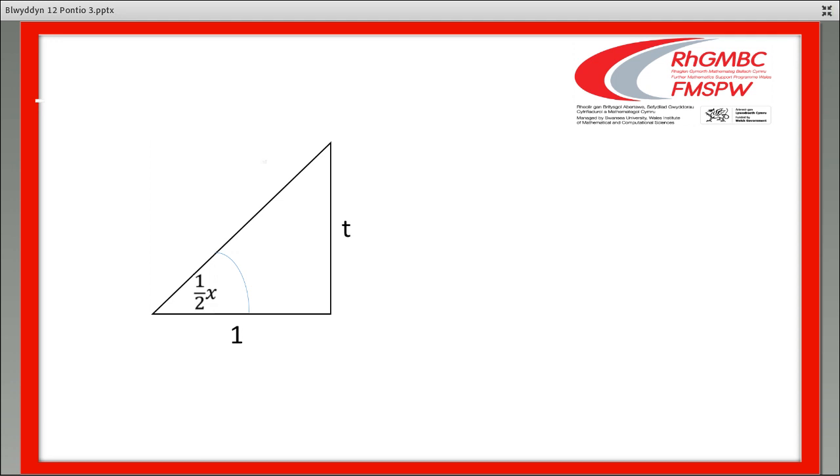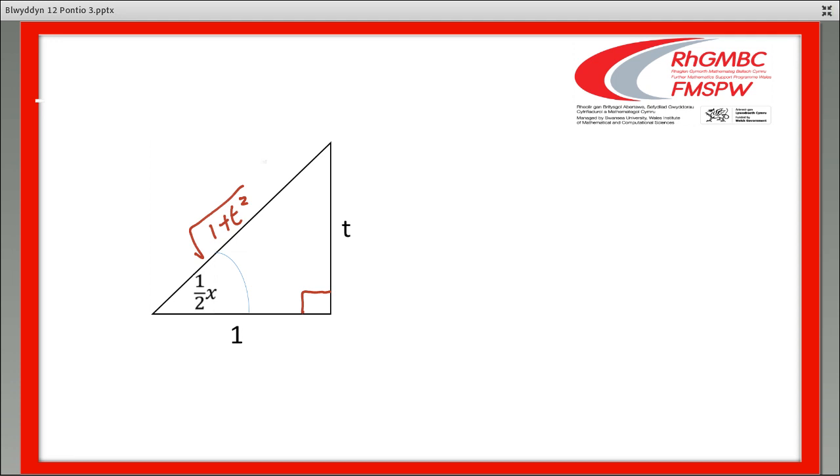Now, to that end, I can complete the triangle and find the length of the hypotenuse. Now, if that's the right angle, then the hypotenuse is going to be the square root of 1 plus t squared. And that is your basic Pythagoras theorem that you did back in year 8, year 9.